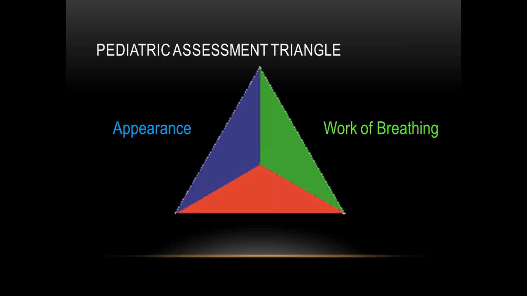Now my kind of rule of thumb is patients belly breathing, they're not supposed to be. Younger children belly breathe, babies. But if you've got an older child that's belly breathing, he's working to breathe. The higher up you see the accessory muscle use, the harder that patient is working to breathe.